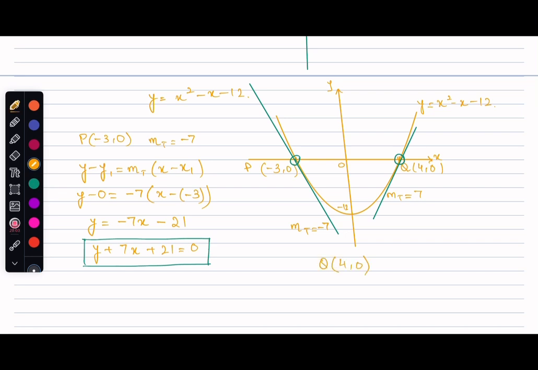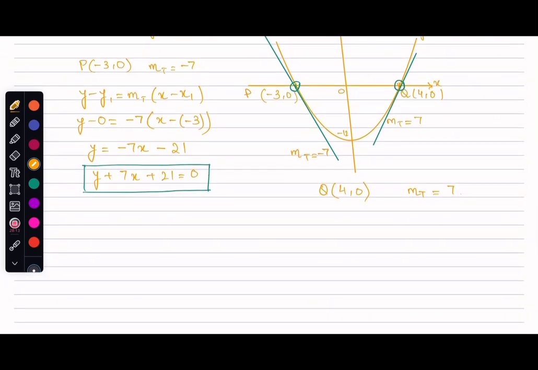Q has coordinates 4 comma 0. The gradient of the tangent here is positive 7. To find the equation of the tangent, again I'll be using y minus y1 equals the gradient of the tangent times x minus x1.